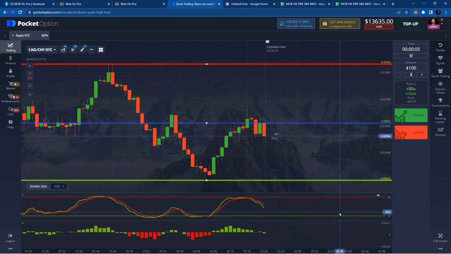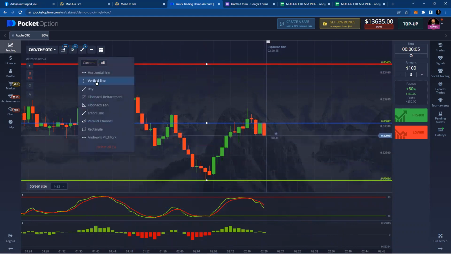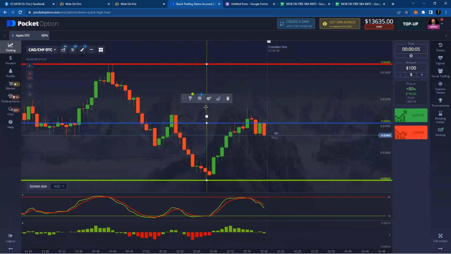So now we have zones. And if you go to the library, if Taz was here, he will tell you that this is his E strategy. Why does he call it E strategy? Because if I take a vertical line and put it over here, and you intersect the 3 lines, what you see is an E. That's why it's called the E strategy.